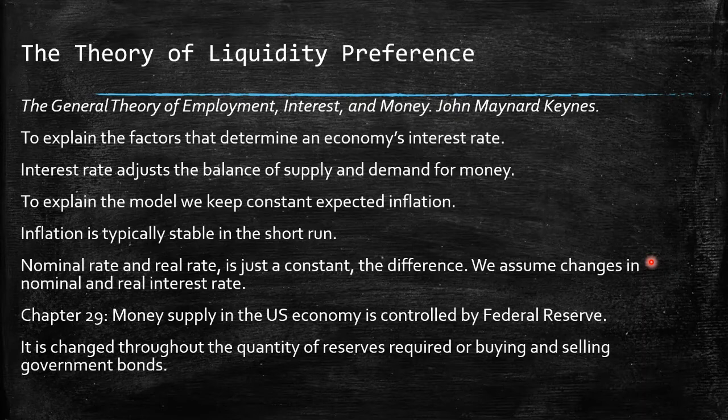So here we have two important tools that the policymaker in monetary policy could use in order to change the quantity of money. The most important is the process of buying and selling government bonds, or changing the reserves required by the bank.